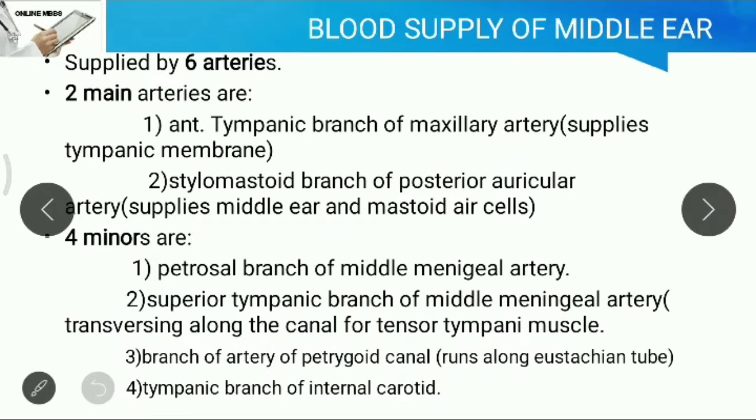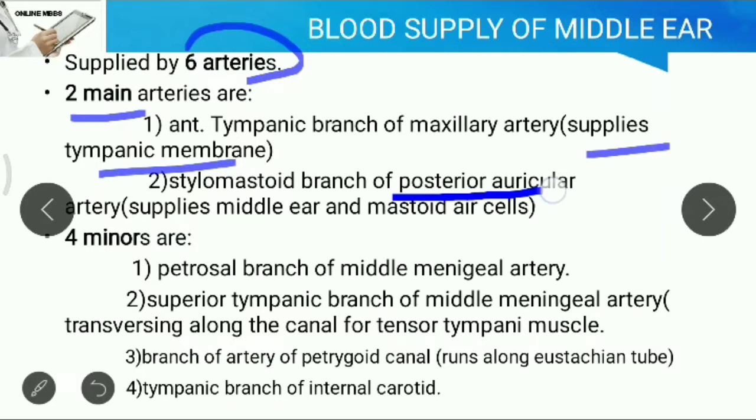Blood supply of the middle ear is supplied by 6 arteries. The 2 main arteries are the anterior tympanic branch of maxillary artery, which supplies the tympanic membrane, and the next one is the stylomastoid branch of posterior auricular artery, which supplies the middle ear and mastoid air cells.